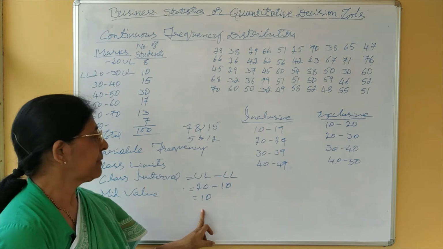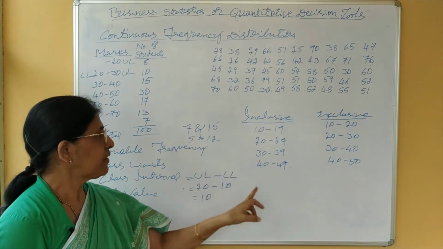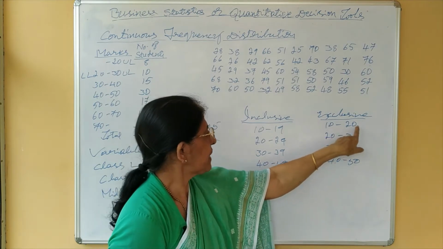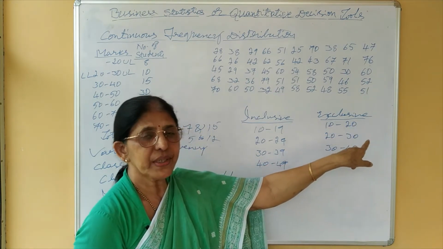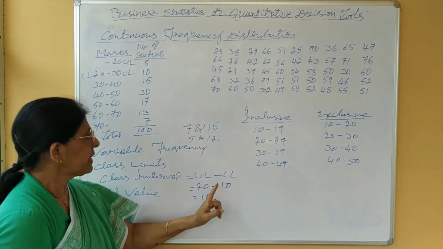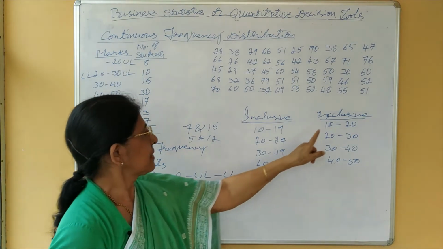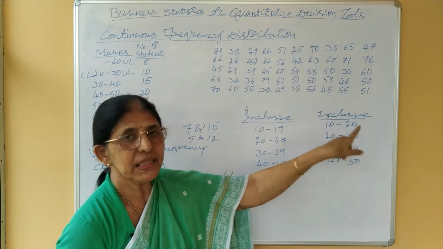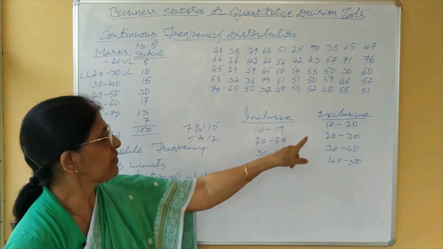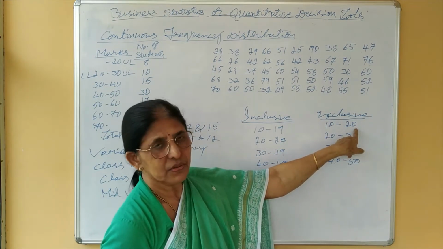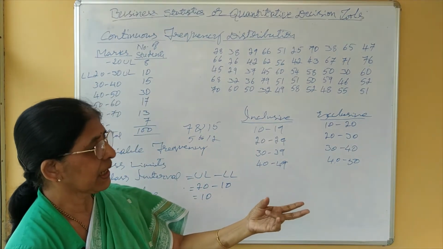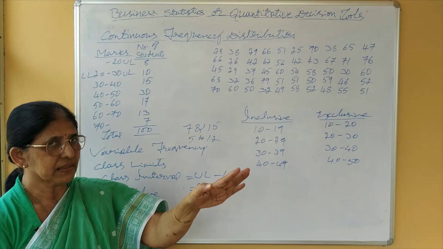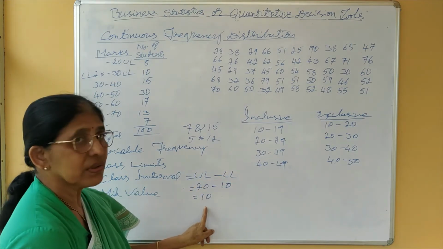Class interval 10 means 10 values have to be recorded corresponding to the class 10 to 20. That means we record the values including 10, from 10 to 19: 10, 11, 12, 13, 14, 15, 16, 17, 18, 19. That is 10 values, which equals the class interval.